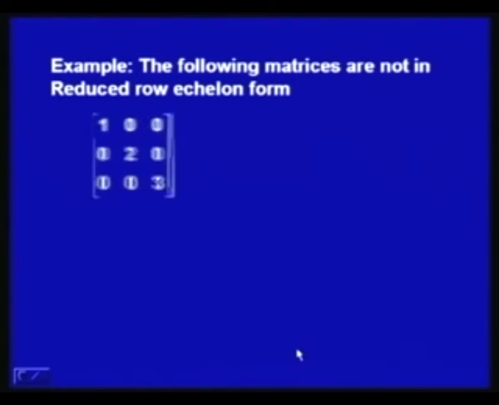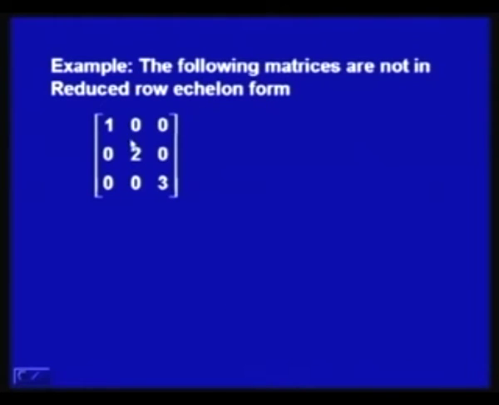However, this matrix is not in reduced row echelon form, because this is a leading one, but the value in the next row is 3. That should be the leading one in this row. So, this is not in reduced row echelon form.